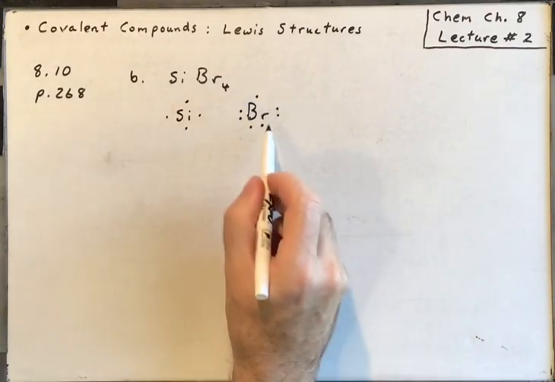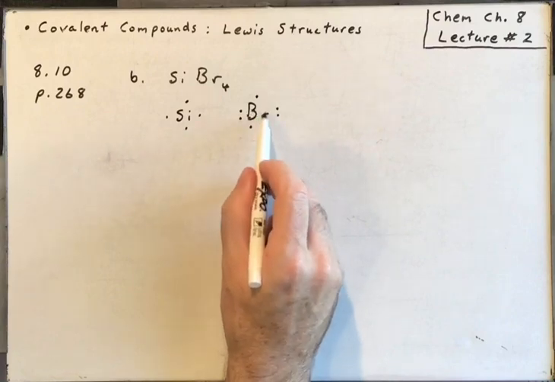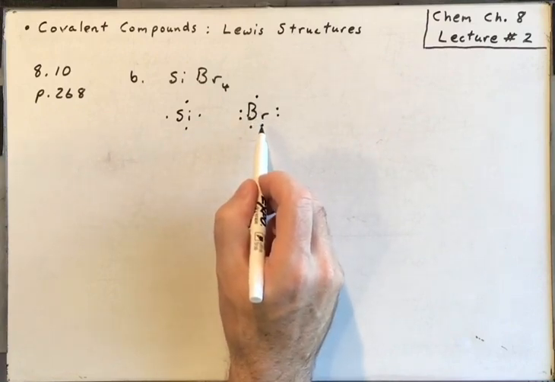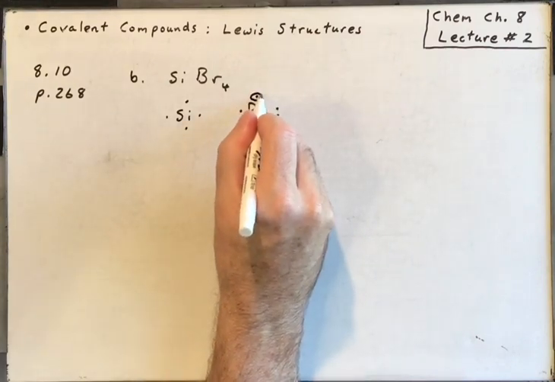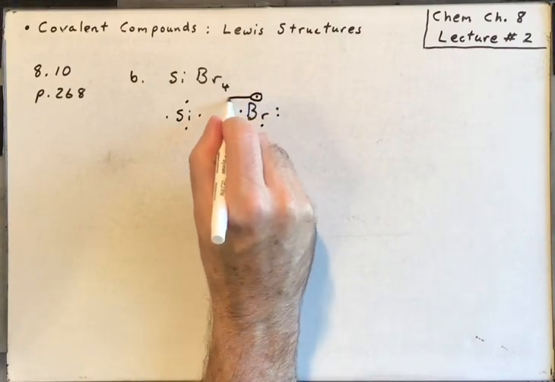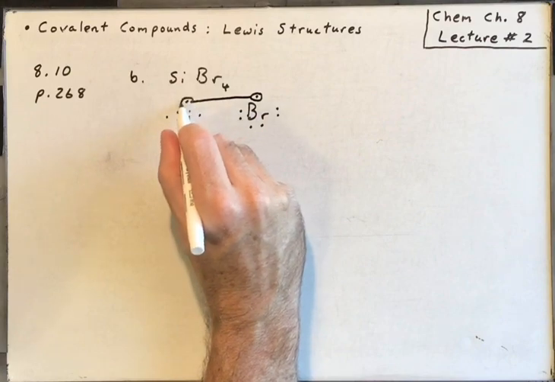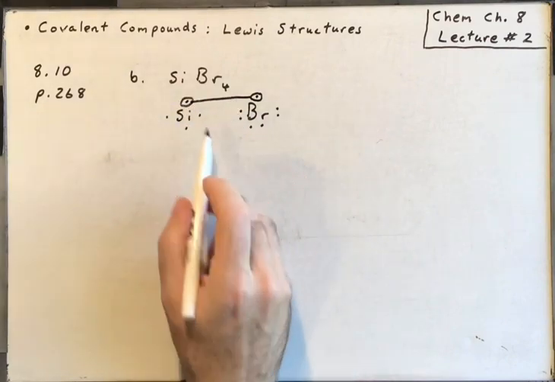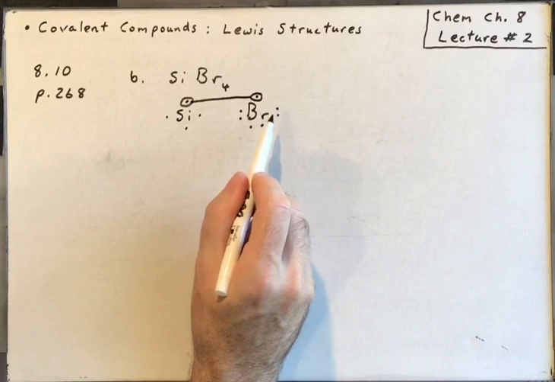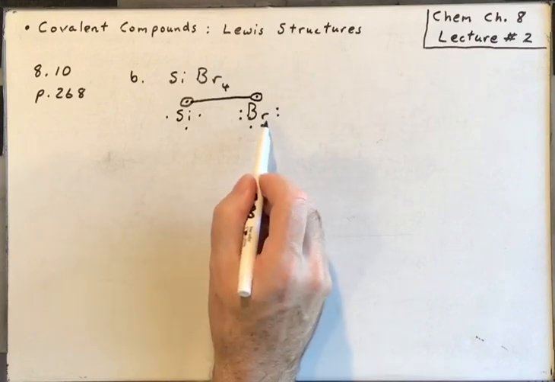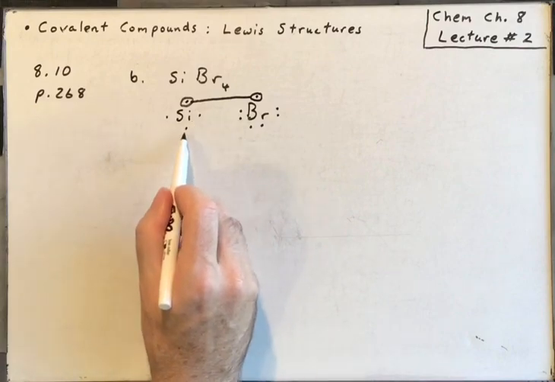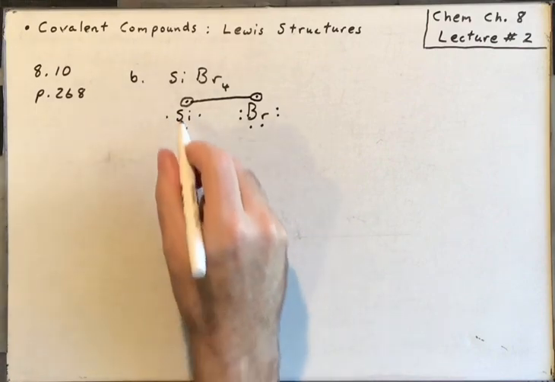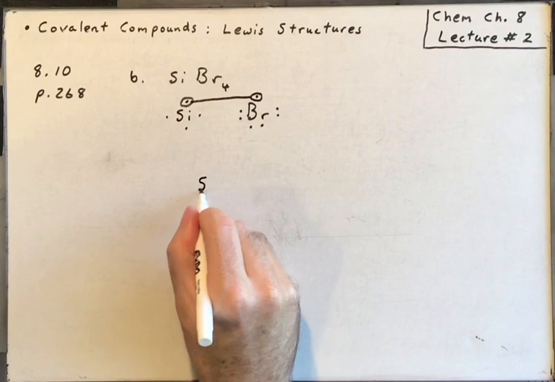Now I'm not going to draw all 4 of them, but all 4 of them would have this same situation. Each bromine has 1 open slot, so it just wants to form a single bond with one of those unpaired electrons with silicon. If I were to draw 3 more bromines, it would happen 3 more times, those single bonds. So the most unpaired electrons would be silicon.